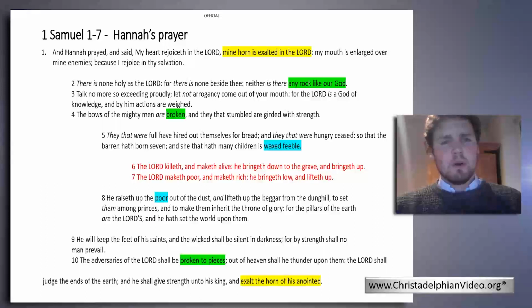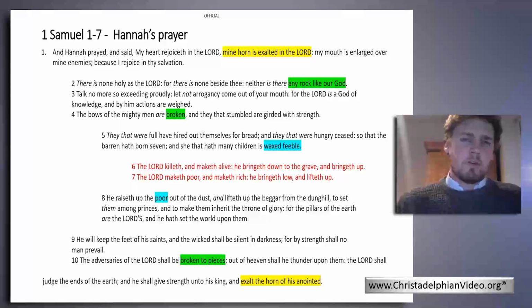So if we just look for a moment at Hannah's prayer in chapter 2, you can see that there are a couple of different passages and themes which are mirrored across the prayer. And one of those things is the idea initially in verse 1 that it is God that has exalted Hannah.